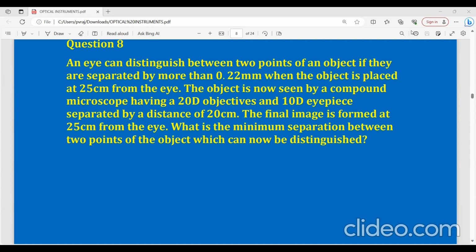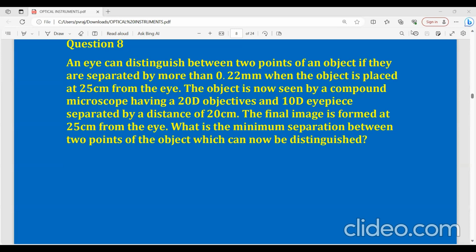And in the next case, a compound microscope is used. Of course, the powers are given: 20 diopters for objective and 10 diopters for eyepiece, separated by a distance of 20 centimeters. The final image is formed at 25 centimeters from the eye.